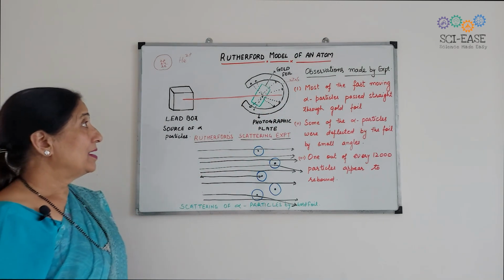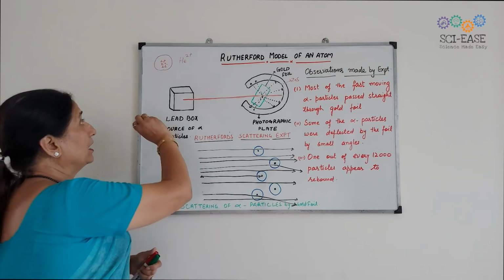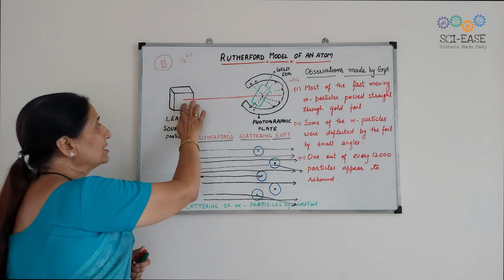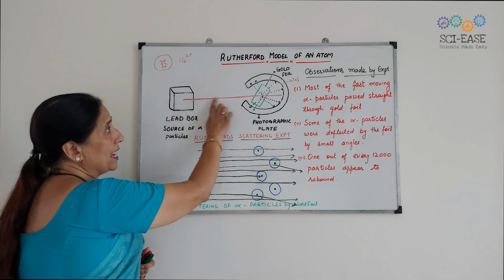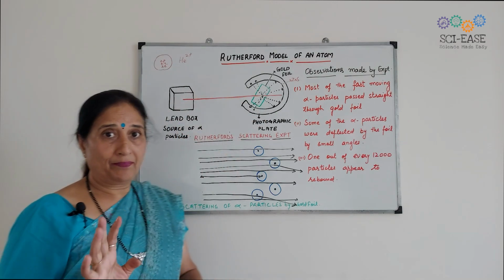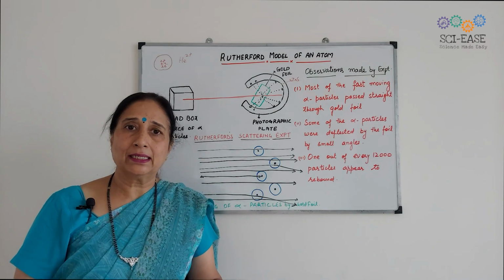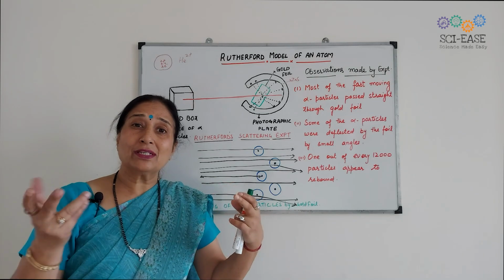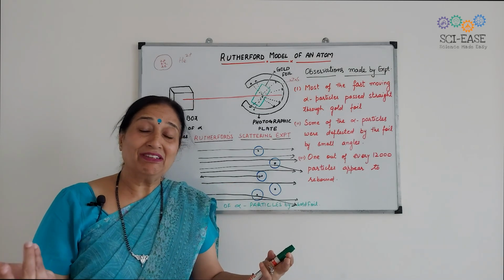Okay. Then when he allowed the alpha particles to pass through this lead box and strike the gold foil, he was expecting some other results.